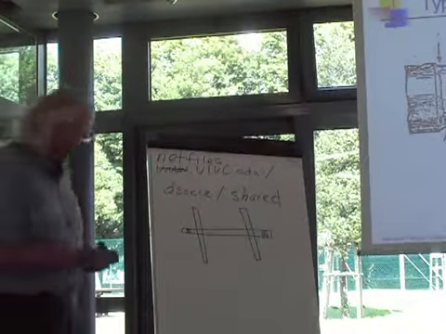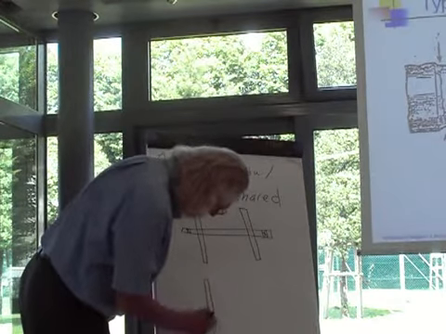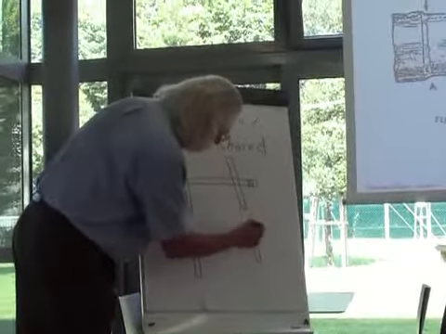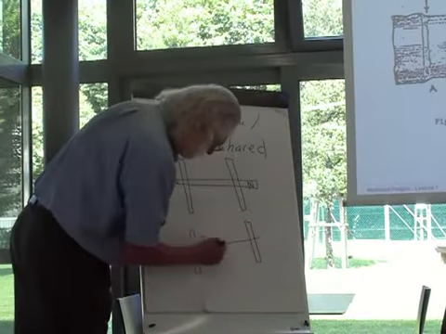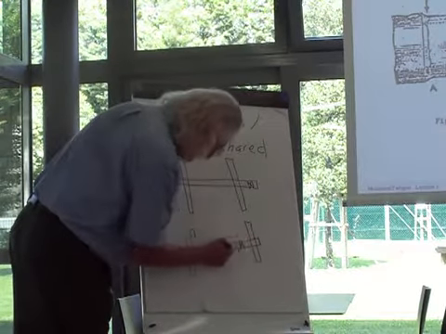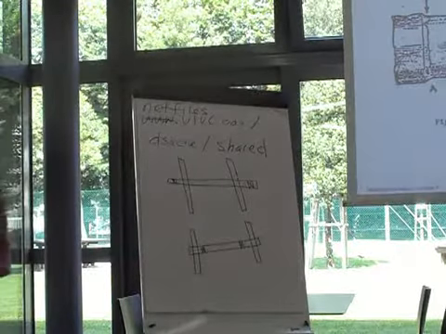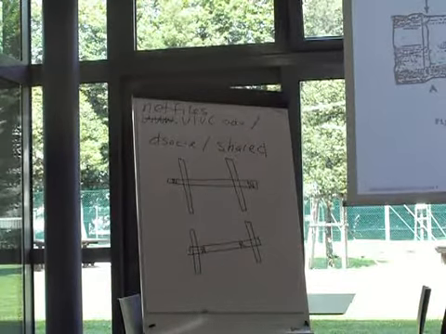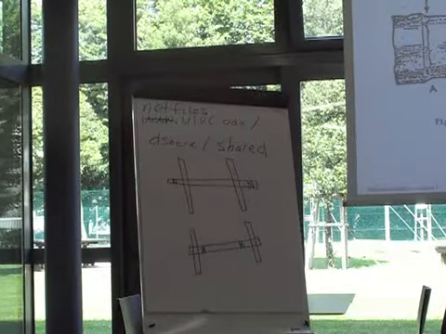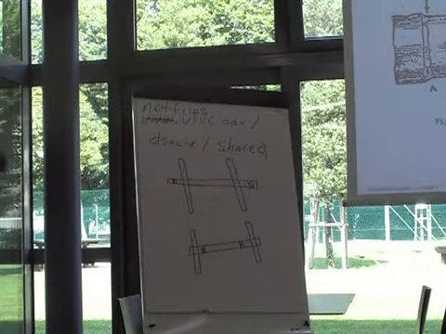And the one that failed looked like this. Bearings on the inside. Optimization of material, I suppose, right? Because the axle is shorter. This one.